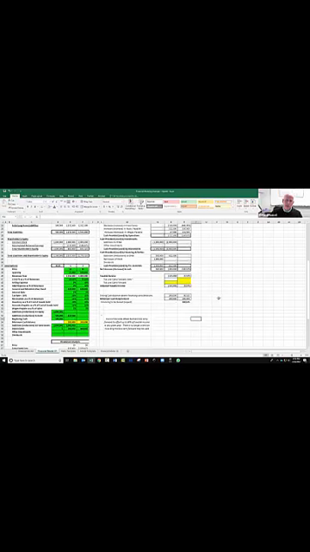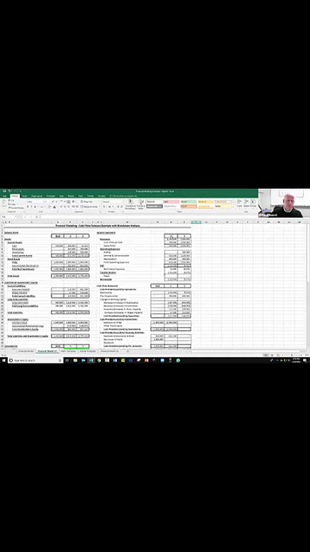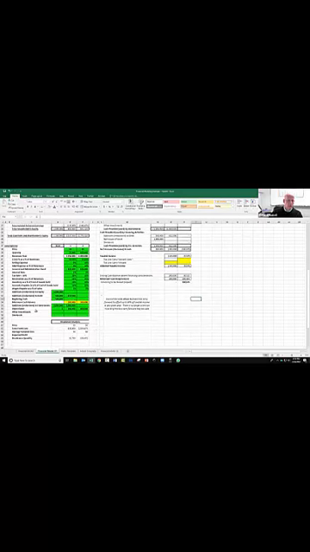what has to happen if you're making a change in any one of these sheets. We have the income statement, we have the balance sheet, cash flow statement, and our assumptions tab.